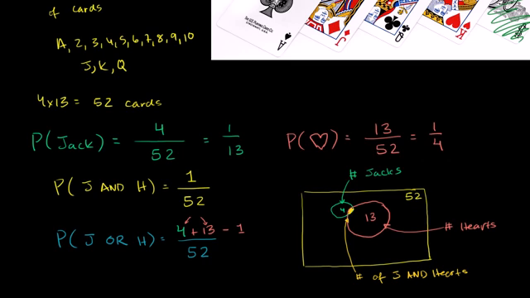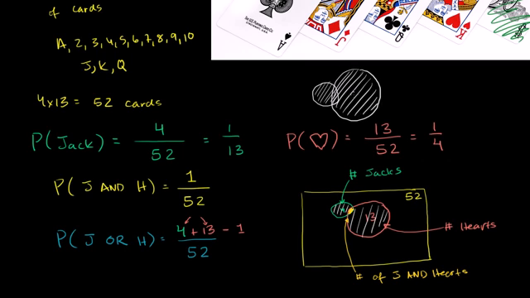Another way to think about it is, you really want to figure out the total area here. Let me zoom in, and I'll generalize it a little bit. If you have one circle like that, and then another overlapping circle like that, and you wanted to figure out the total area of both circles combined, you would look at the area of this circle and add it to the area of this circle.